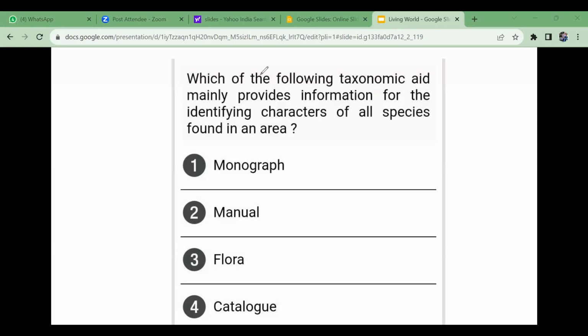Since they gave found in an area, that's why I chose flora. Otherwise, I will take manual. It is not for animals, Sharva, it's only for plants. Manual can be for animals, but flora is only for plants. Flora strictly for plants.